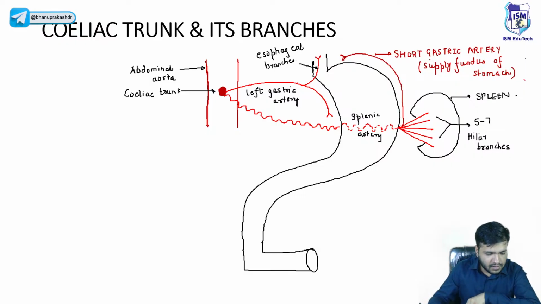Right? Now, apart from that, beta, it will give one more branch along the greater curvature of the stomach. Another branch of the splenic artery is called the left gastric artery.